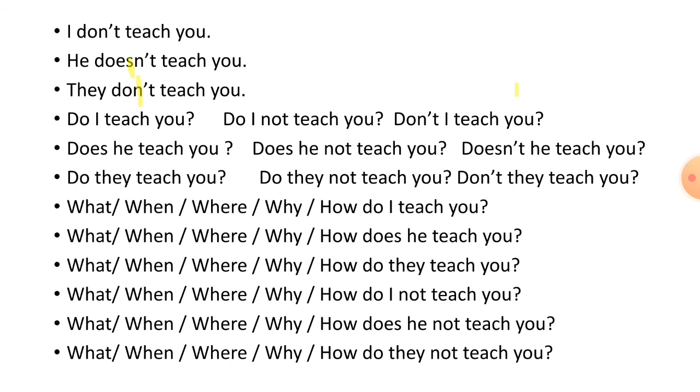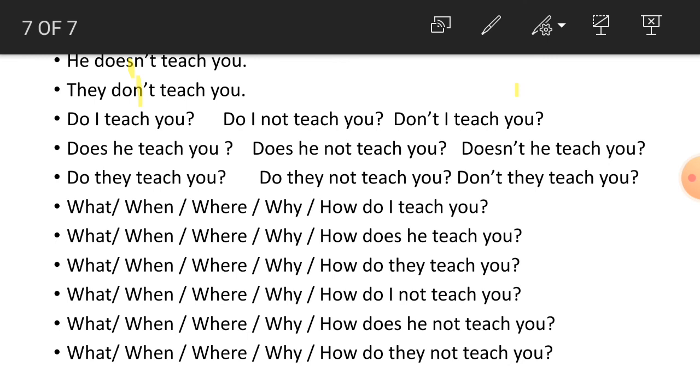Next, there are WH words: what, when, where, why. How do I teach you? Why do I teach you? Where do I teach you? When do I teach you? We can say this here. But students, one thing is the same.